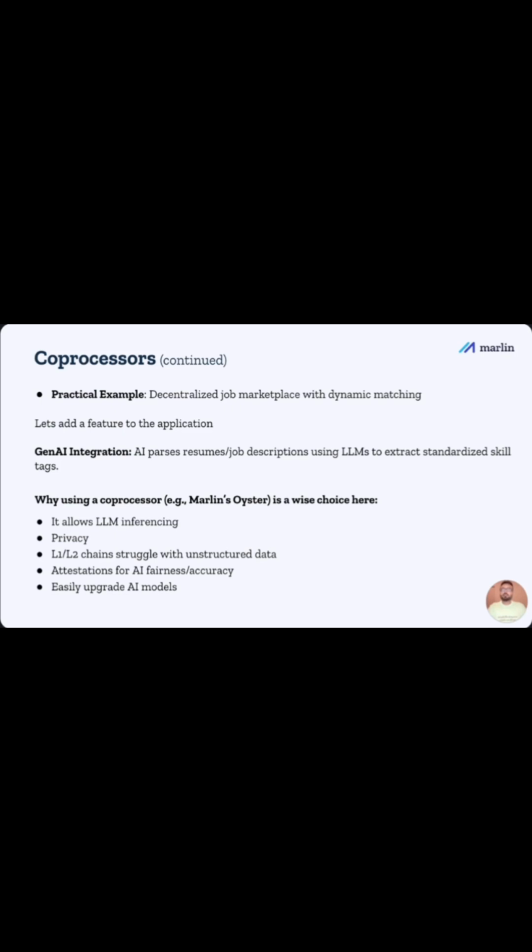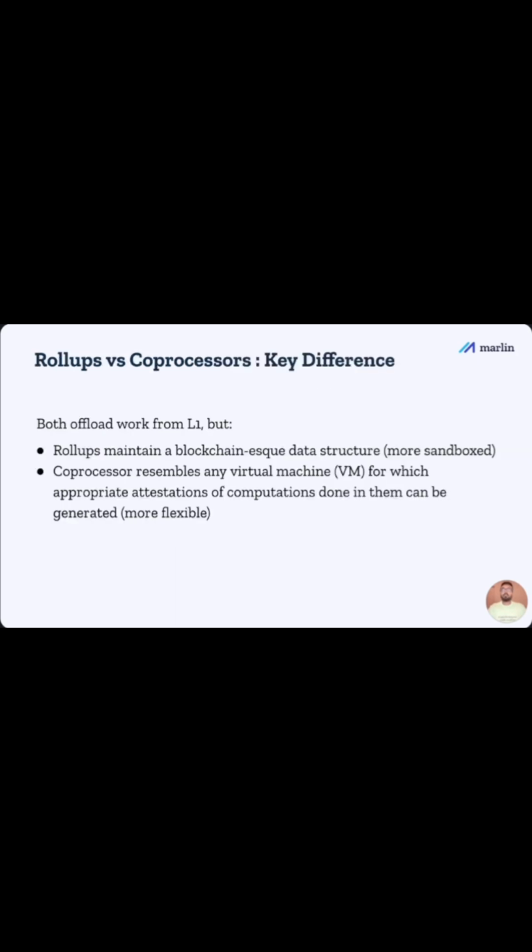It lets us process unstructured resume data, keep personal information private, verify that the AI decisions are fair using proofs, and even upgrade our AI models over time. This is a great example of how coprocessors enable features that are just not possible with regular L1 or L2 solutions.